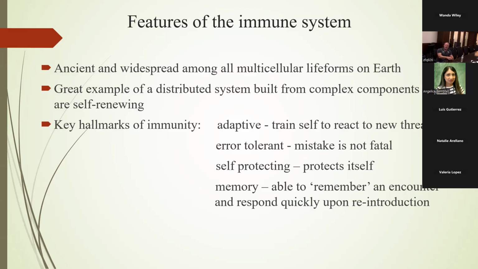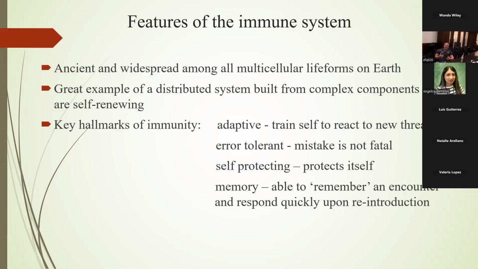So if you are a new astronaut going to Mars and you encounter a Martian bacteria, how would you be able to survive that bacteria if you've never seen it before? Well, your immune system has the ability to train itself to react to new threats. So the immune system is very adaptive. Assuming that you can survive the infection long enough, your immune system should be able to eliminate the infection once it has a chance to train itself how to respond.